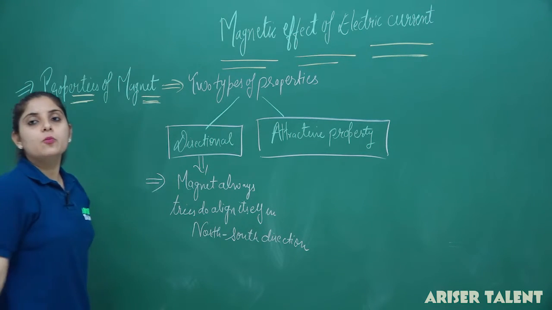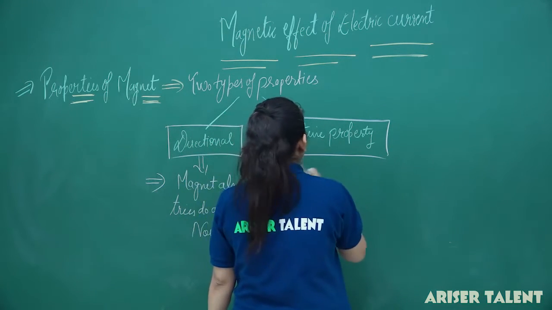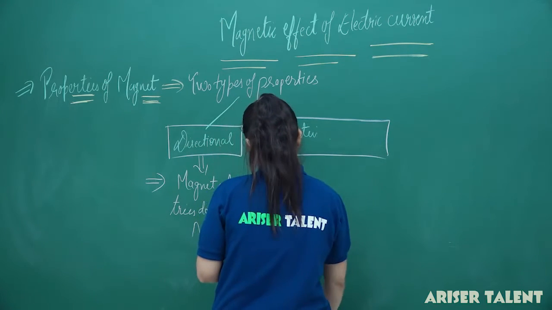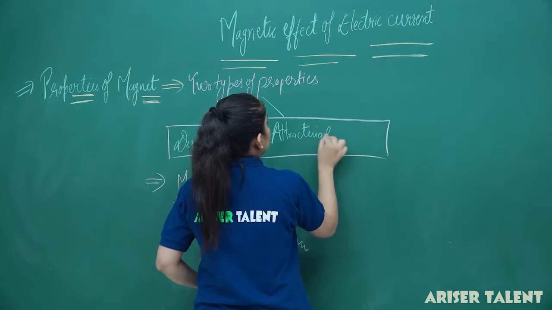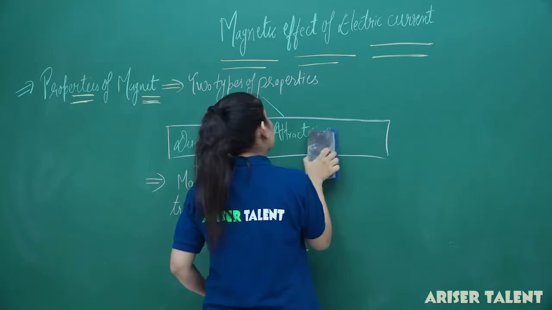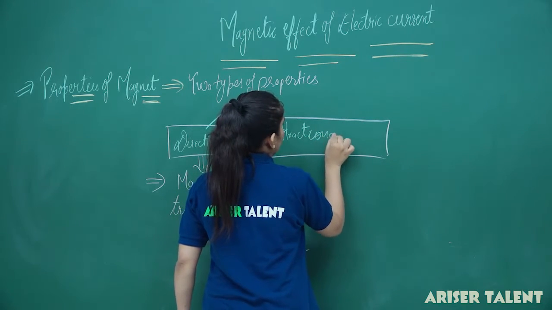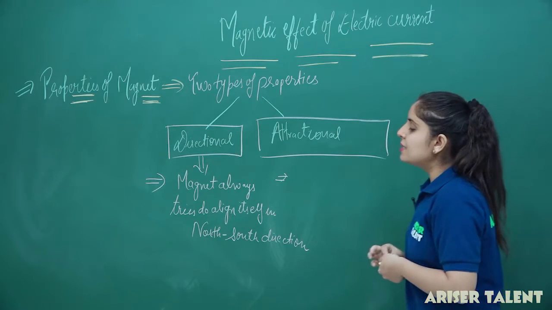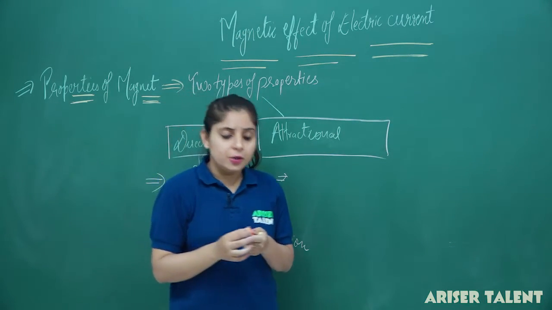What about the attractive property? This is attractional property. Attractional property means the magnet will have a tendency to attract pieces of iron too.